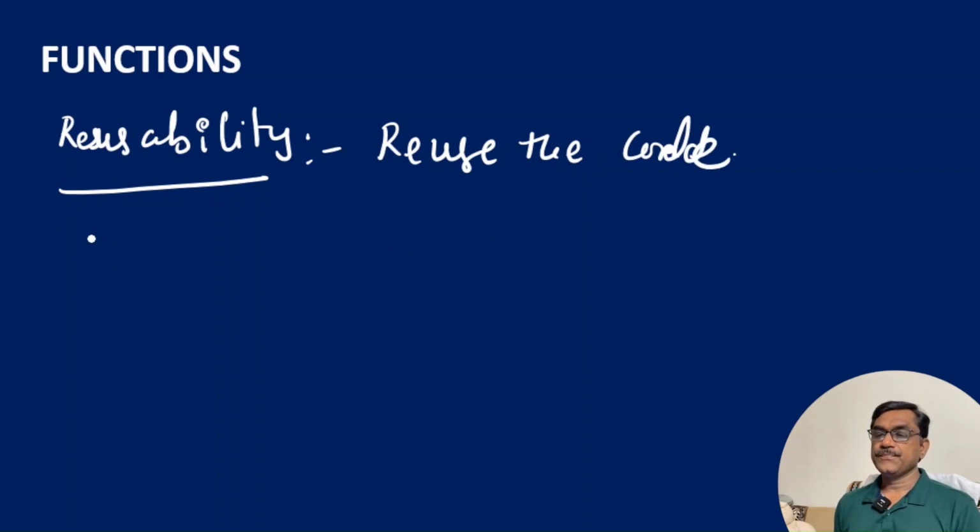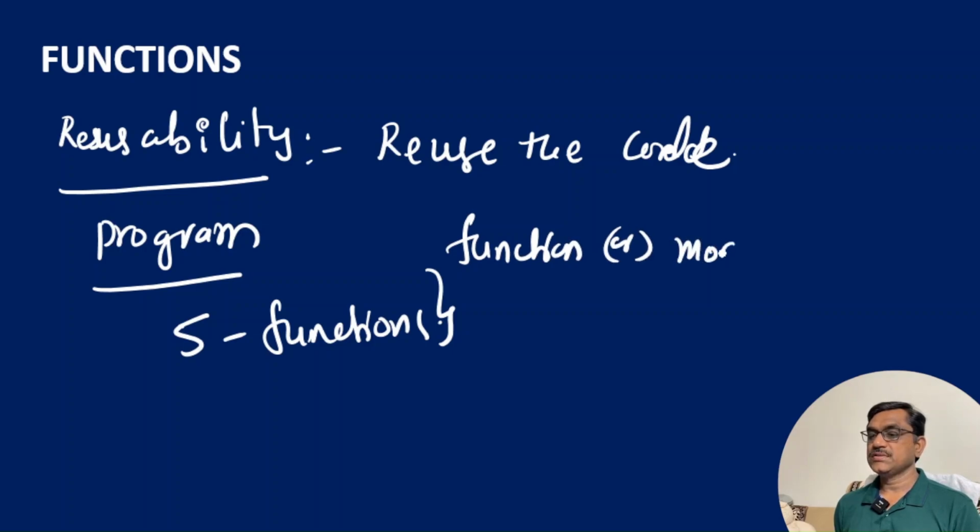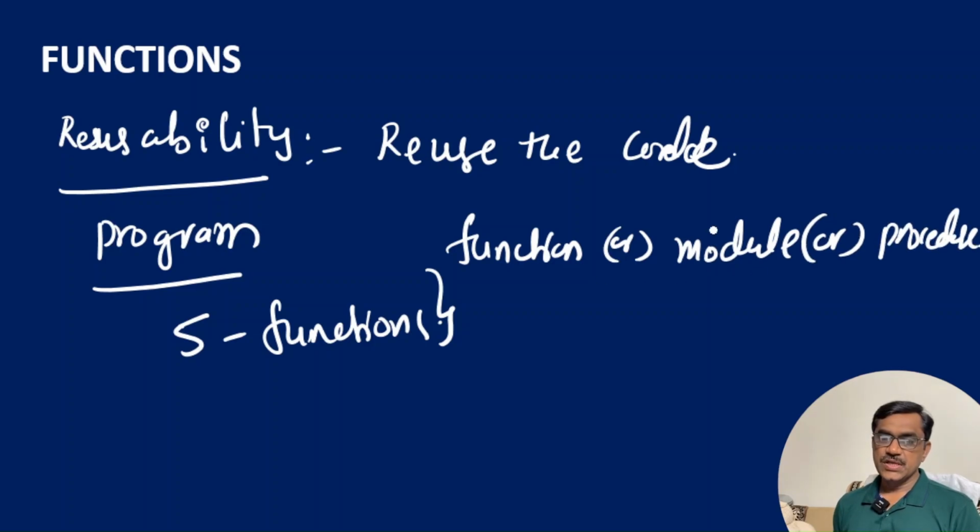For example, we have written a program with, assume, five functions. Please remember, another name for a function is module or procedure. We can use any name: function, module, or procedure.